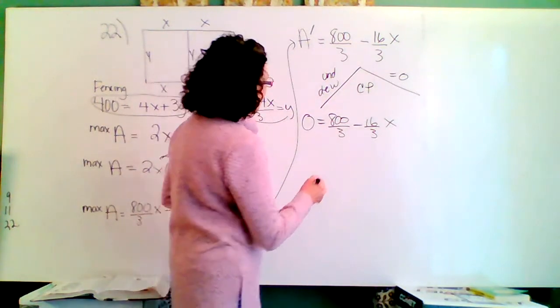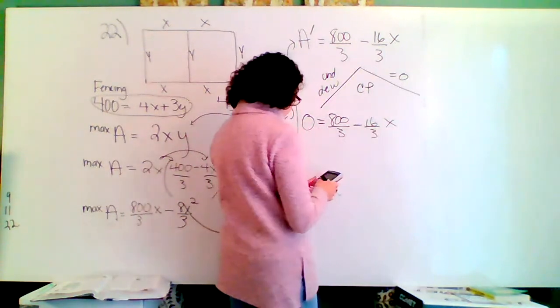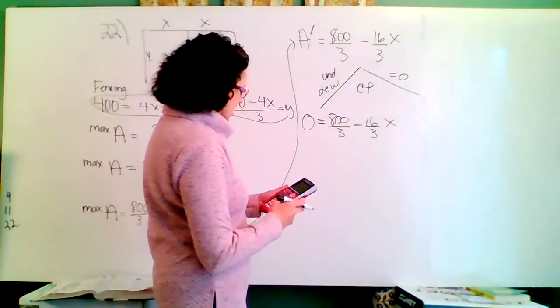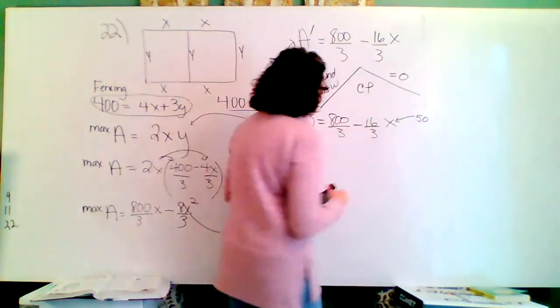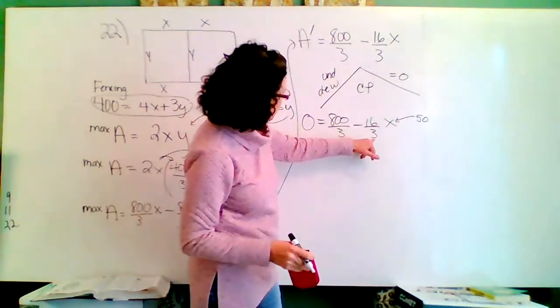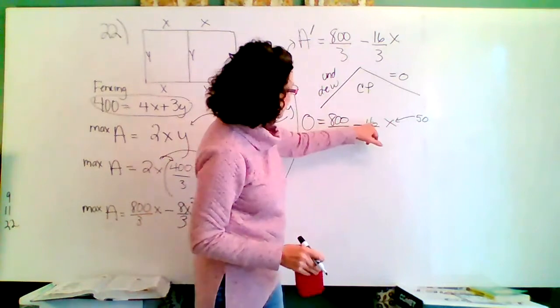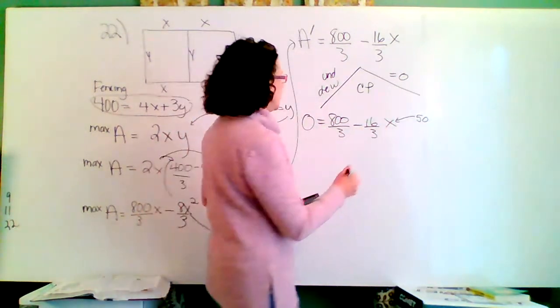But really, what I was looking at is that the denominators are the same. For this to be 0, it would have to be 800 minus 800. And 16 times what is 800? So that must be a 50.